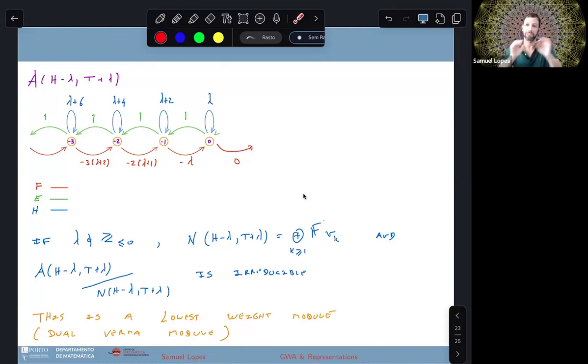You need to fix the action of the other generators so it all matches up. This is possible to do, and you'll get indecomposable modules by doing this. So even if you're not just interested in simple modules, the idea of this weight theory can be very helpful to generate other ideas and to compute a lot of examples. So I will finish here.